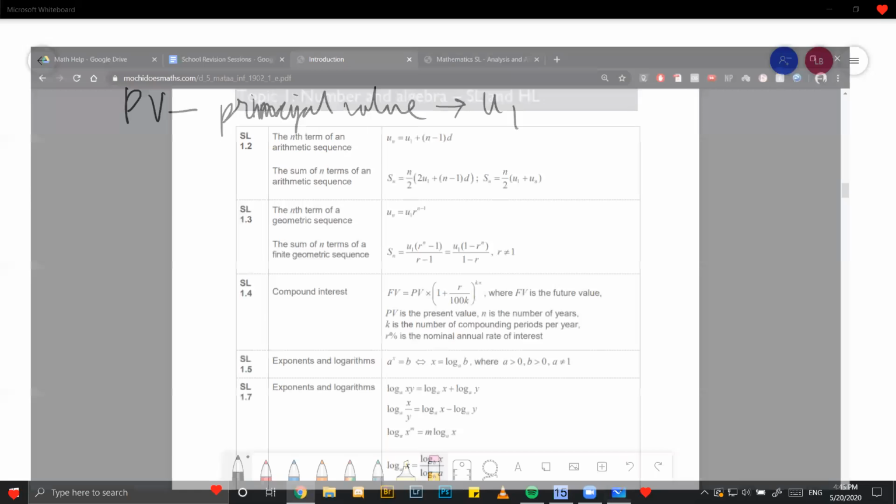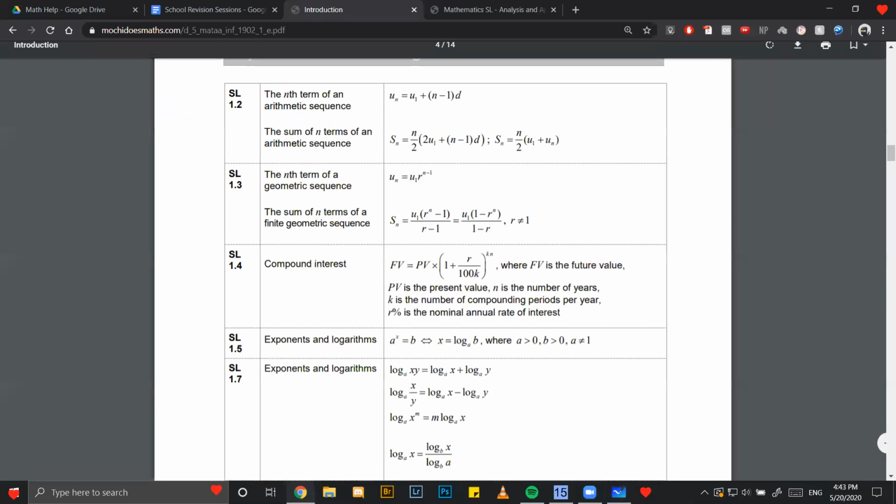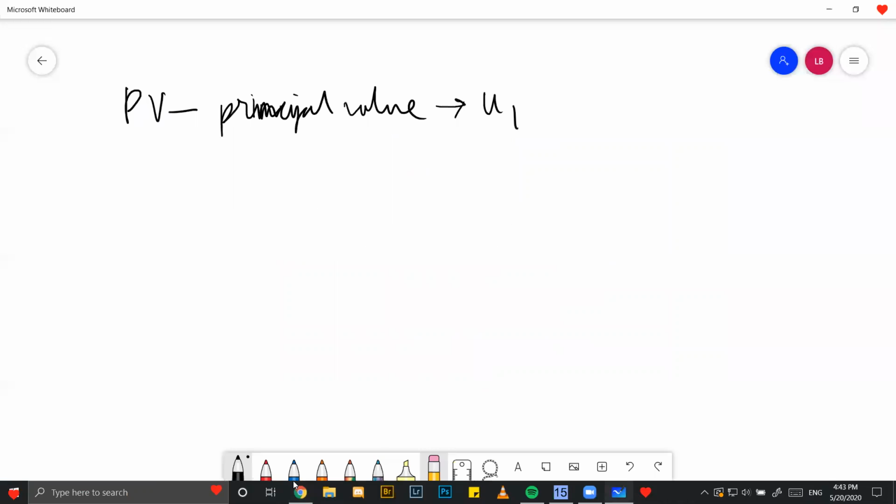And that's all. The next thing they look at is R. R is the constant ratio.